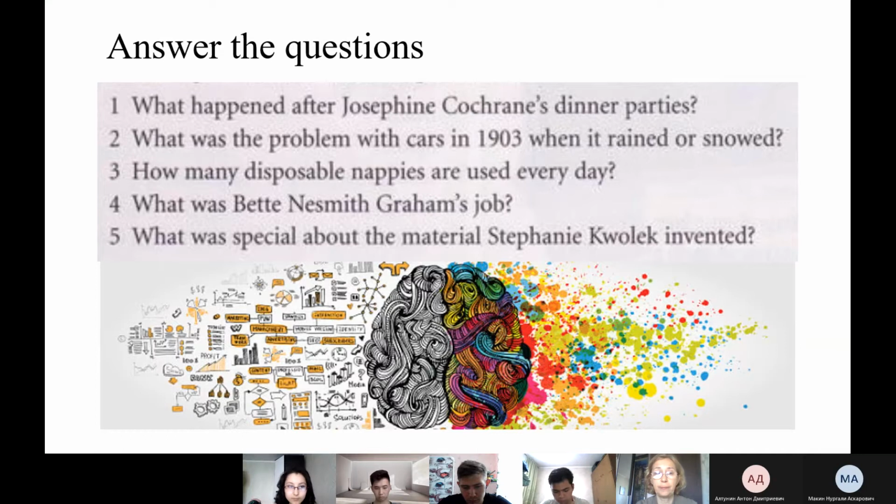Read it, please. What was the problem with cars in 1903 when it rained or snowed? Until 1903, drivers couldn't see where they were going when it was raining or snowing. Yes, because of rain and snow just on the windscreen.